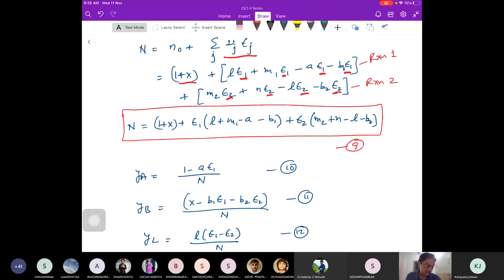Right? And we can write y, the mole fraction of component A, as 1, the initial moles, minus A into epsilon 1 upon n, because A is only in reaction 1.